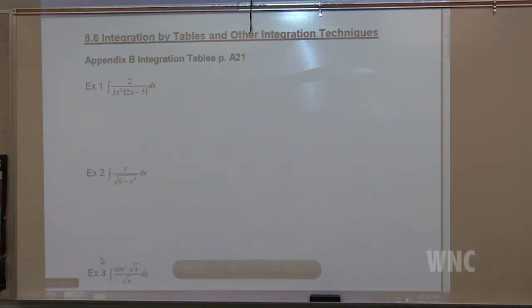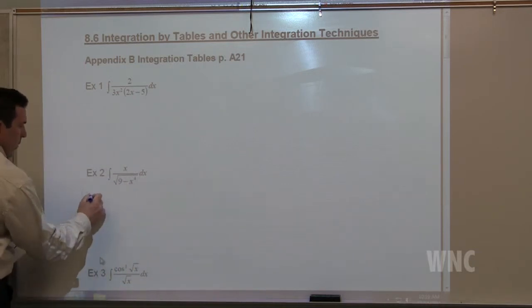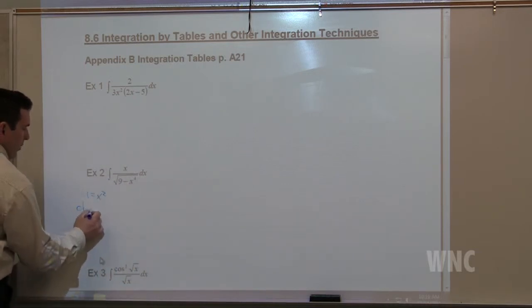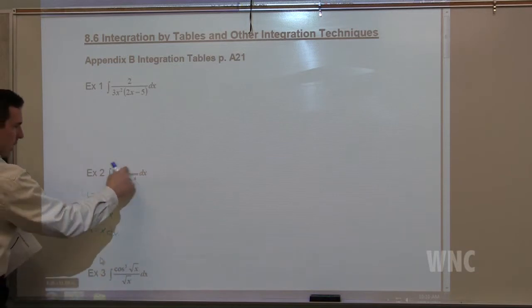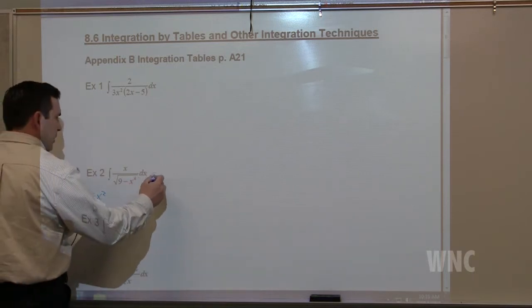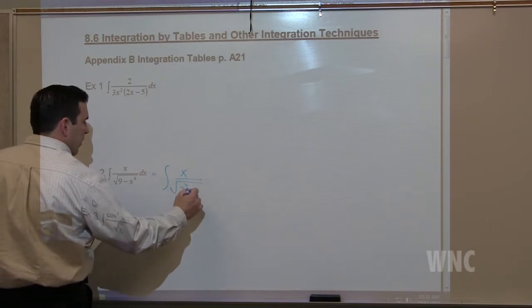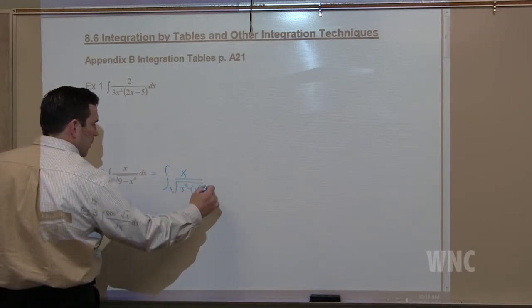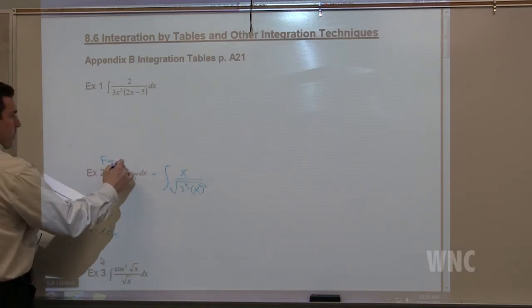Okay, so in example 2, if you say u equals x squared, du equals 2x dx. So 1/2 du equals x dx. So you could think of this as the integral of x over the square root of 3 squared minus x squared squared. By the way, we're looking at formula 41.